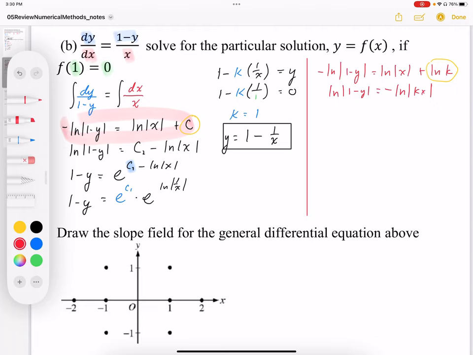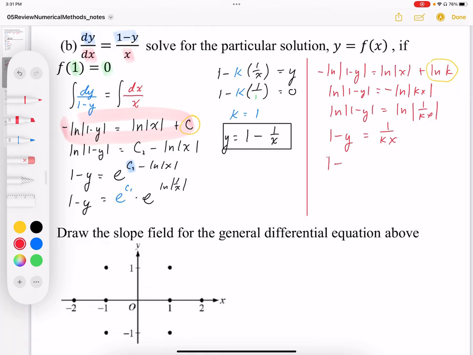Okay, and then solving for this, I'm going to want to drop the log, so I want to put that negative in there to start. So 1 minus y is equal to log of 1 over k. And then I can drop the logs. 1 minus y is equal to 1 over kx. And we can solve for k here. We end up solving for k equals 1.